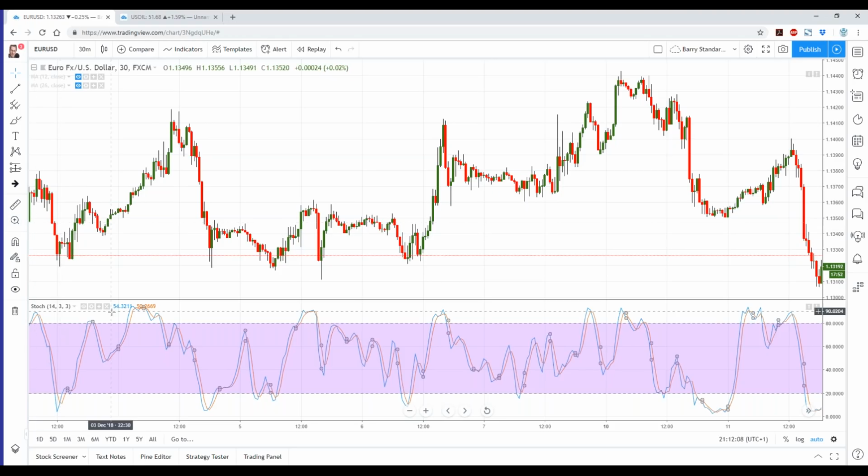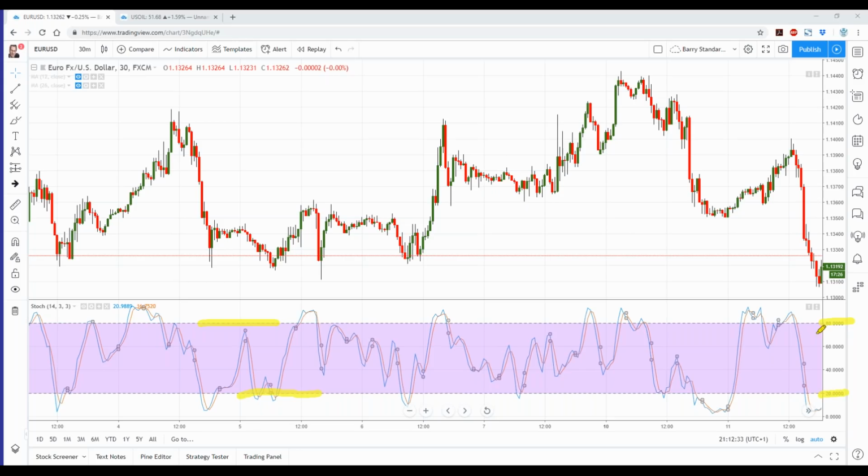So like I said, as you can see, putting the stochastics on the chart isn't difficult. Now, you've seen it on the chart, this purple area, and this is just my settings. This purple area is between the 80 and the 20.